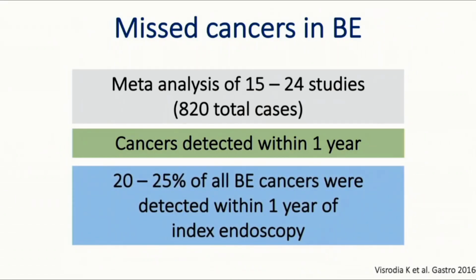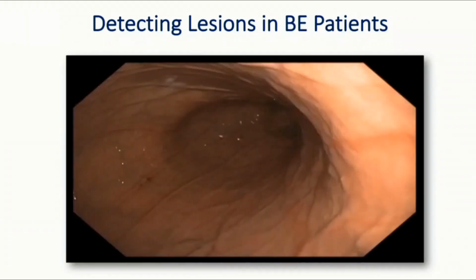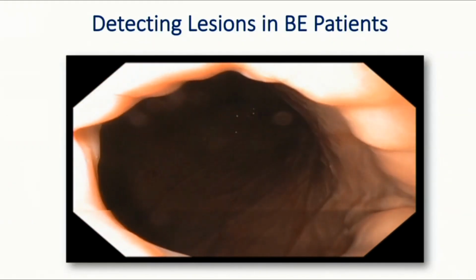What they found was that of all these cancers, 20 to 25% were detected within the first year of the index endoscopy. Now, how can that happen? This is one good example.